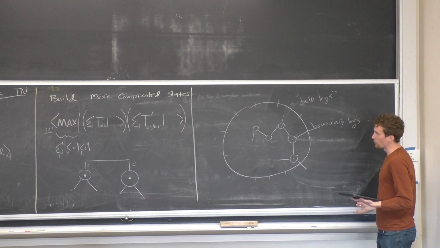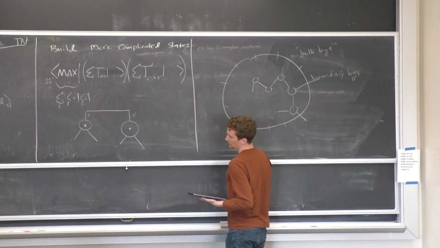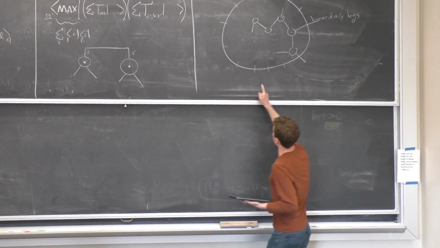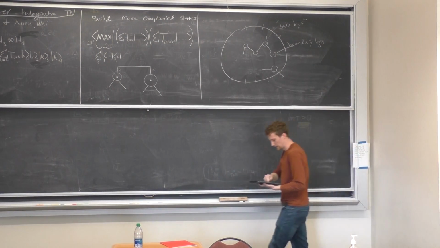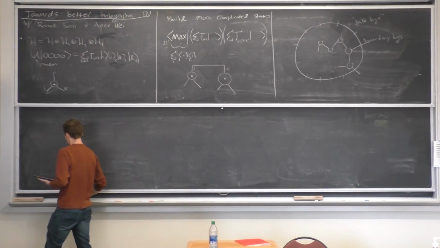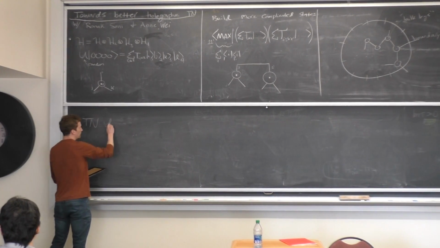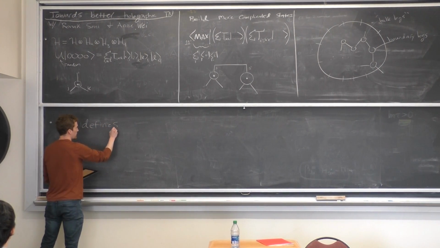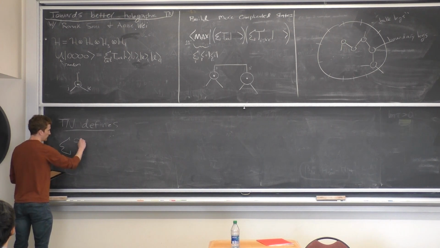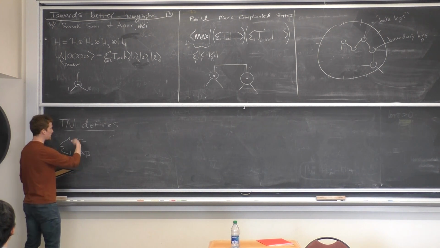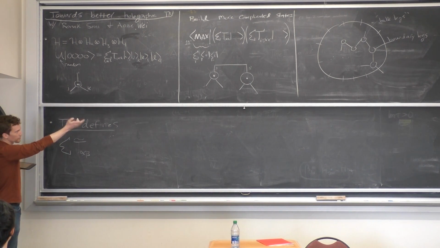This tensor network defines one big state on all of the dangling legs. So it defines one big state on the bulk legs and boundary legs. In other words, it defines the following state, which I might write this way. This is some T tilde. I'm putting a tilde to differentiate it from a T associated with just 1 tensor.